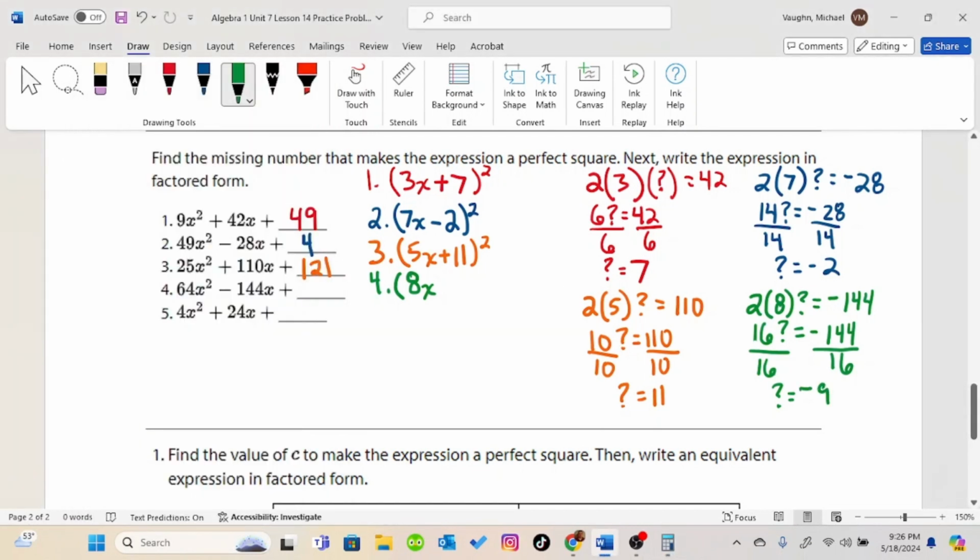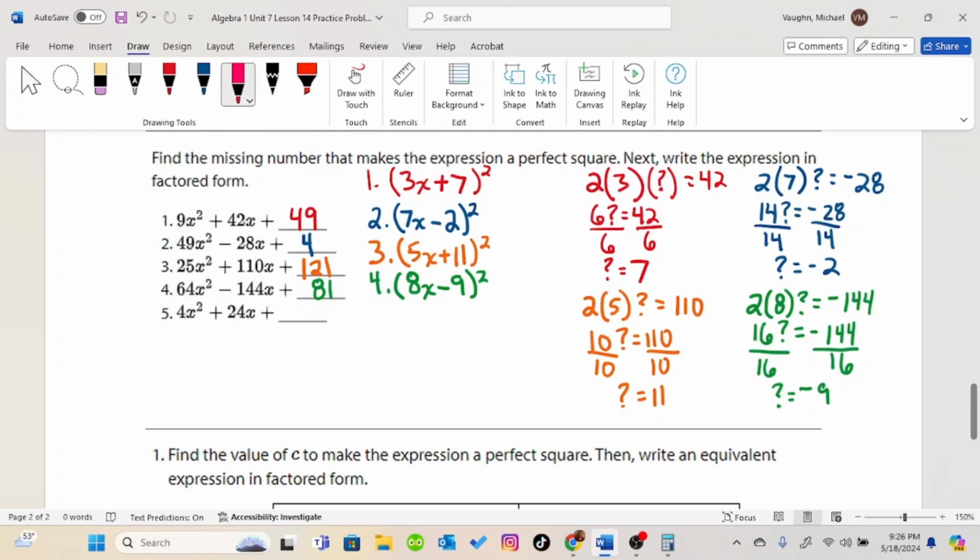So I'm going to put 8x minus 9 squared for my factored form. And I know that negative 9 squared is 81. So my missing number is 81.